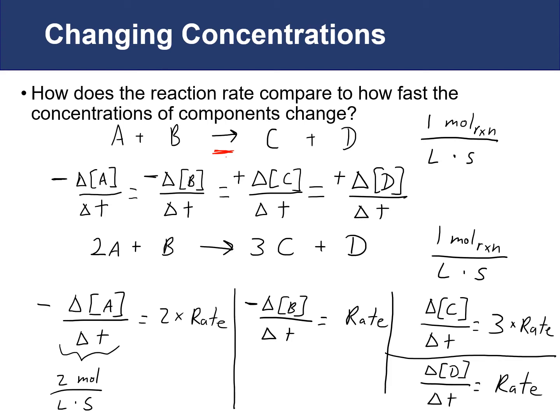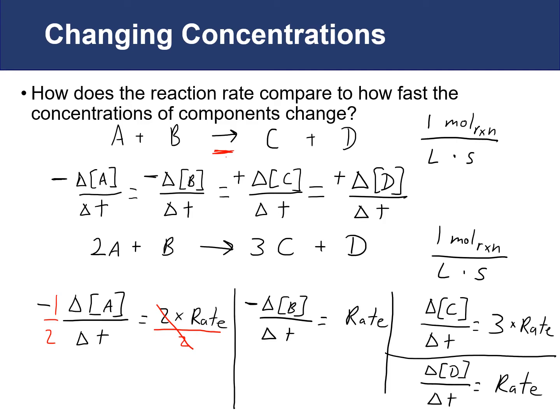So what we can do is rearrange each one of these equations to make it in terms of rate. For our first reaction, we would divide both sides by 2, so essentially multiply by 1/2. That cancels out the 2, giving us negative 1/2 the change in the concentration of A per amount of time is equal to the rate.